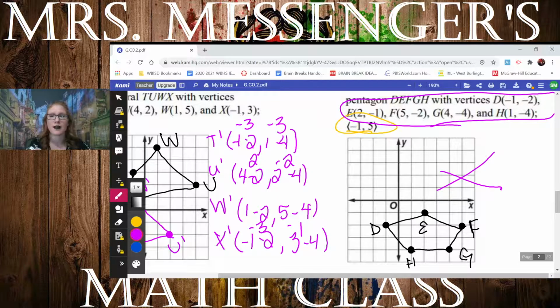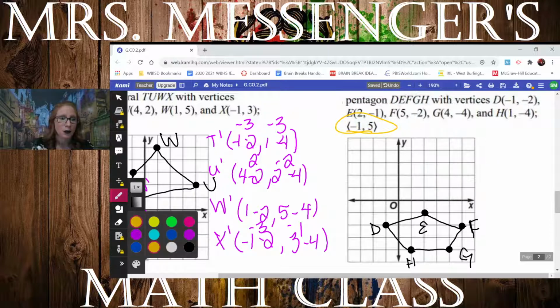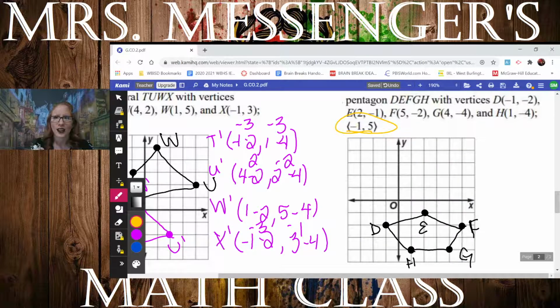So I'll be asking you to do it without drawing the picture. So that's why I keep going back and doing the math to prove where our new points are going to be. Because you can always double check that and go back and count and say, oh yeah, look, I am actually going left 1, and here's my movement of left, and then going up 5. You can technically count it that way. I'm just not teaching it that way.